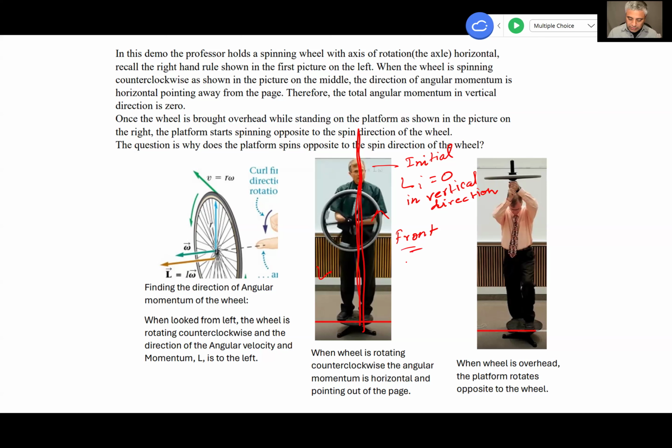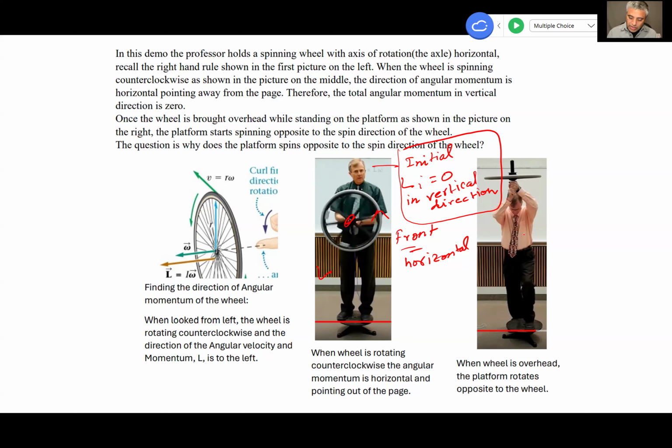So this front means horizontal in this case, right? The axle of this wheel is horizontal. So I'm pointing out of the page, and that's what I have written there, okay? Now, initially the angular momentum in the vertical direction is 0.